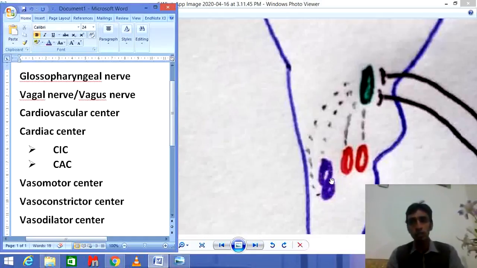This one is called the vasoconstrictor center, which is near this one, and the other is called the vasodilator center. So the combination of CIC, CAC, vasoconstrictor, and vasodilator center makes the cardiovascular center.